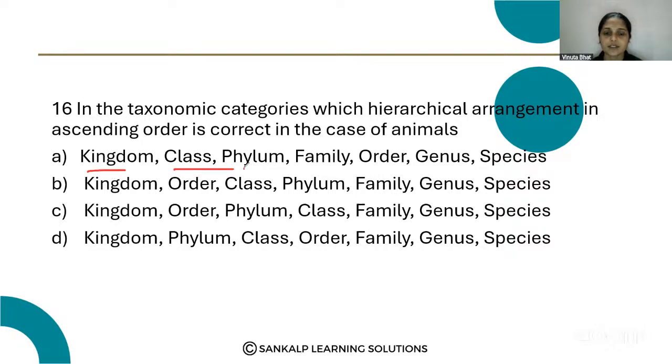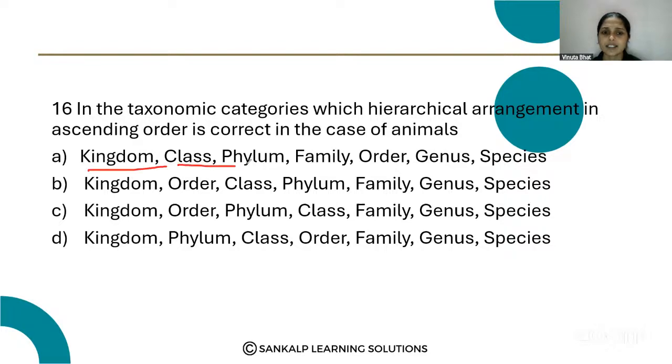Kingdom, class, phylum, family, order, genus, species. Kingdom is at the start and the species is also present at the end. So you have to find out the correct one. Please comment your answer in the comment box.